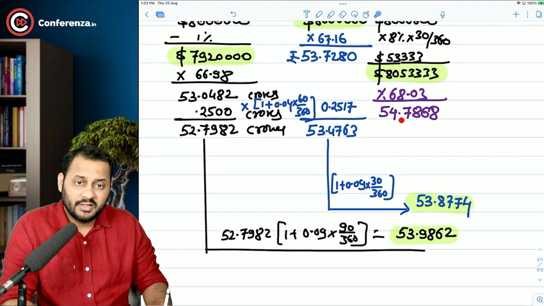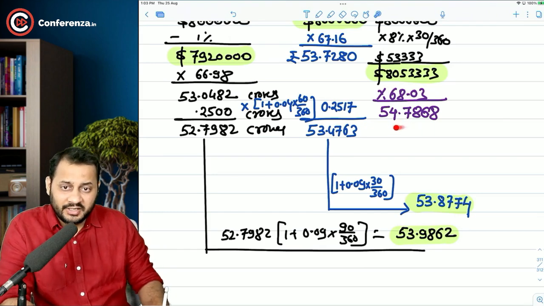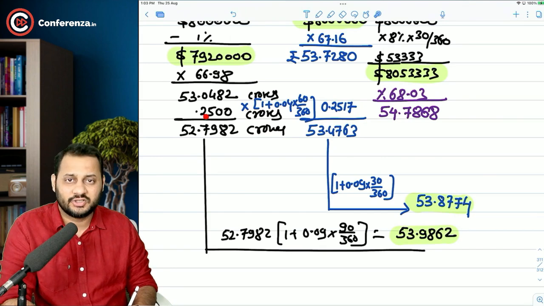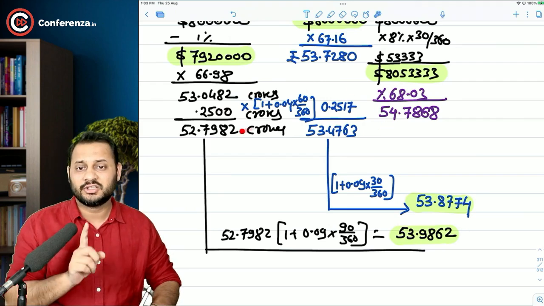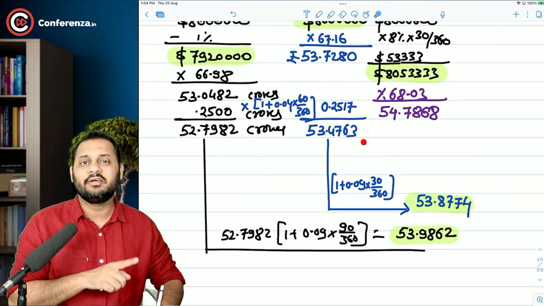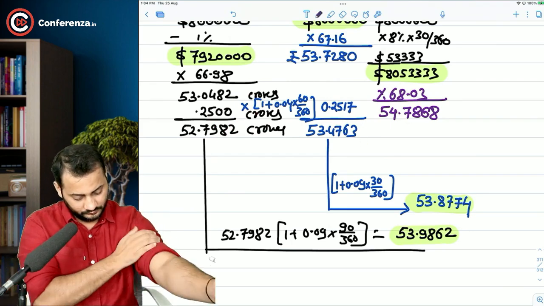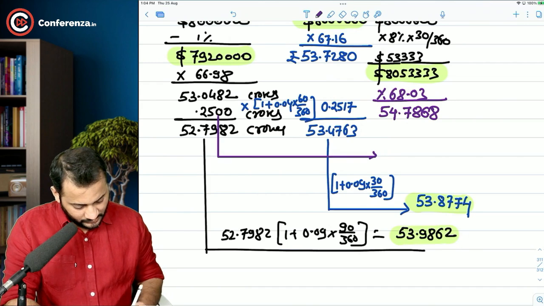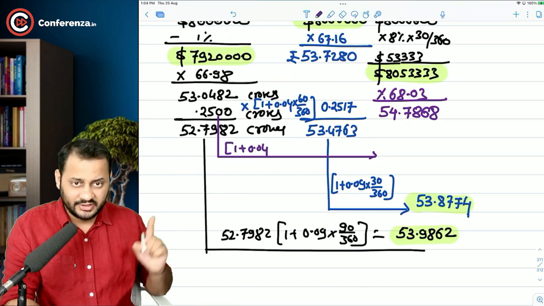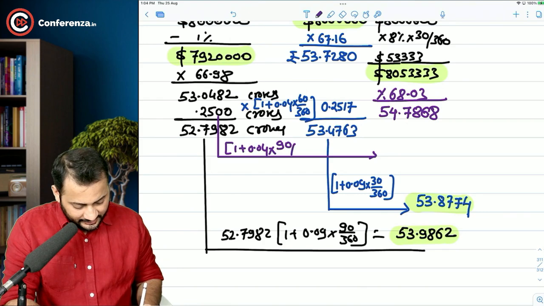Okay, but for the entire 90 days, we didn't need this 25 lakh, and we would have invested this amount for the 90 days. So what is the amount available with us? This 25 lakh rupees and the interest of 3 months. 25 lakh into 1 plus 0.04 is the interest on this for 90 days.